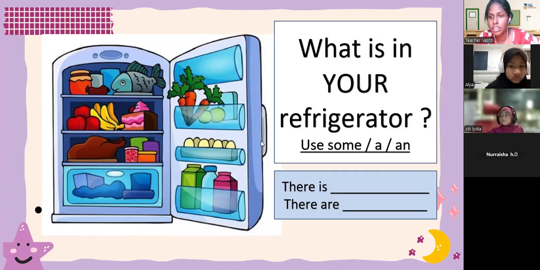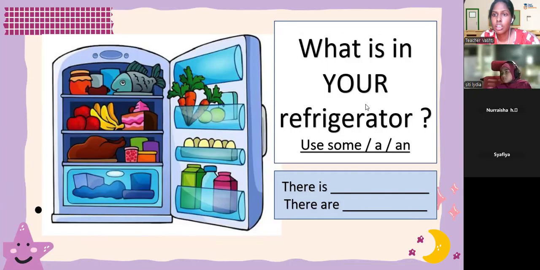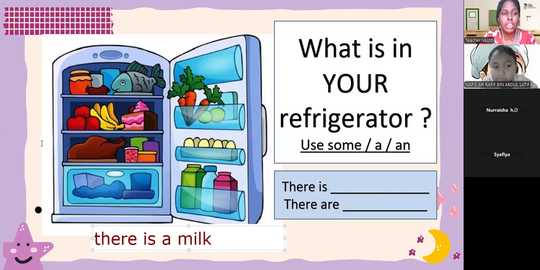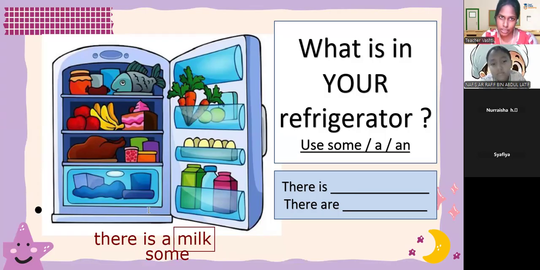Danish Ryan, very good. Hannah, okay, very good. All right, who else? Nafis. Okay, milk, is it countable or uncountable? Uncountable. So if it cannot be counted, can you use a? Is a for countable or uncountable things? Countable, just one countable thing. So what can you use? "There is some milk."